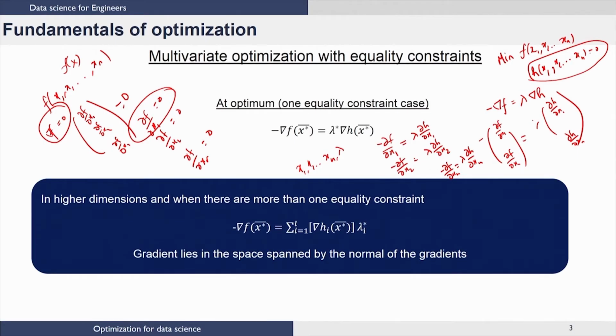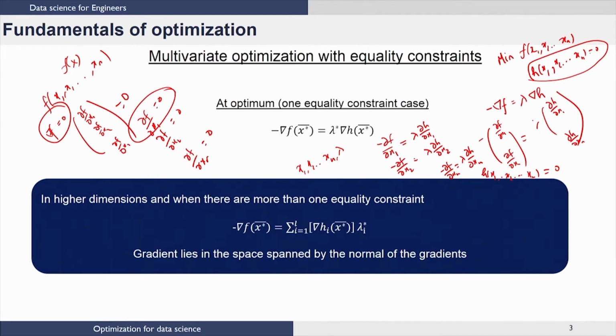So, with these n equations, I will also get another equation which is that h of x1, x2, xn has to be equal to 0. Now, you notice that in this case with one constraint I have n plus 1 equations in n plus 1 variables. So, I can solve this.